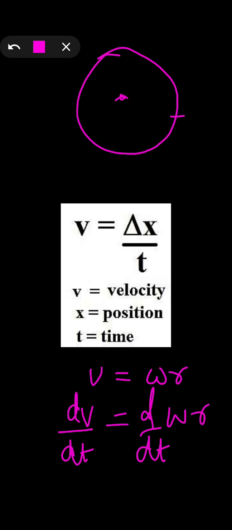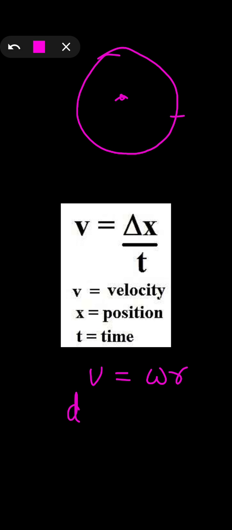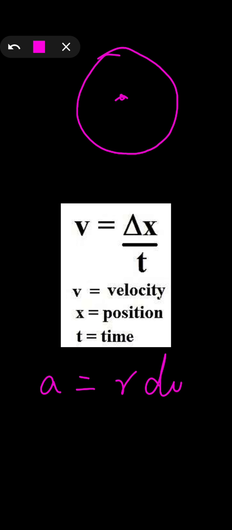So dv by dt will be the linear acceleration, so it can be written as a, and again that r is independent of time, so it will be d omega by dt, and this d omega by dt is angular acceleration, which is given by the letter alpha.